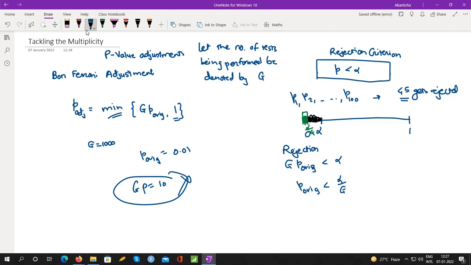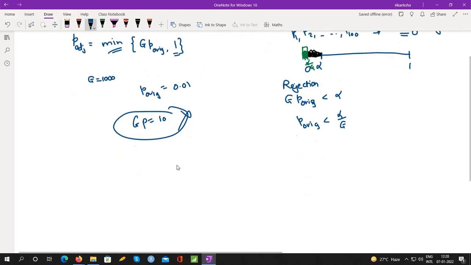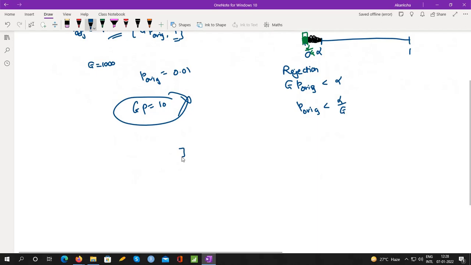Type 2 error will increase. We know these errors are kind of duals of each other. So this method, even though it is simple, may increase false negatives substantially.